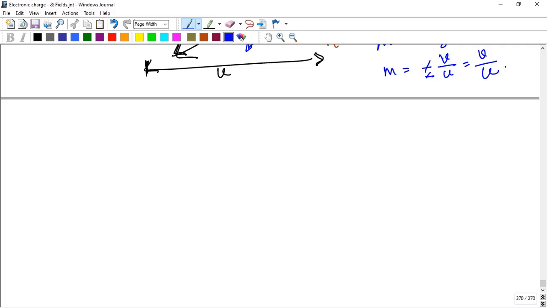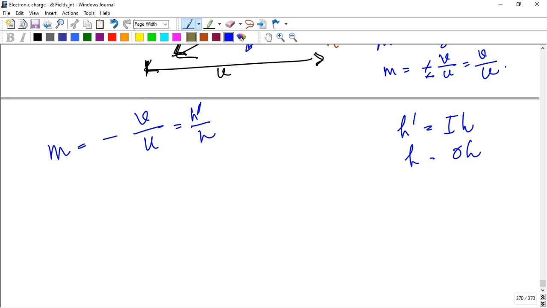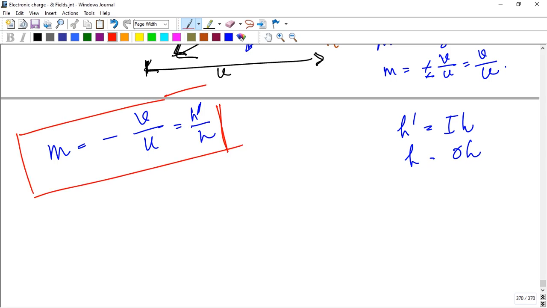Okay, clear the concept. What is the magnification? The magnification is equal to minus v by u, and also h' by h, where h' is the image height and h is the object height, because one height is in the minus direction. That's the magnification formula, and these equations are valid for both convex and concave mirrors, and for both real and virtual images.